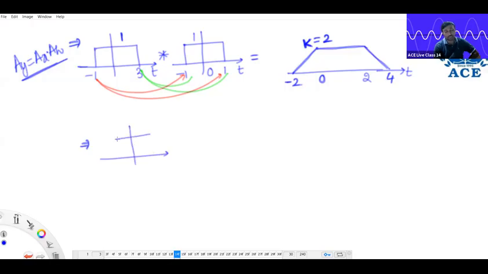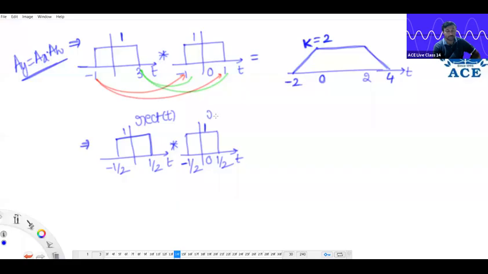But if you take rectangular pulses with equal length, that is rect(t) convolved with rect(t), the graph will be a triangular pulse, tri(t).